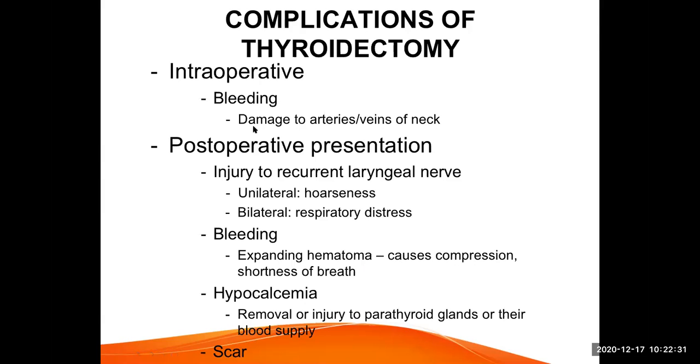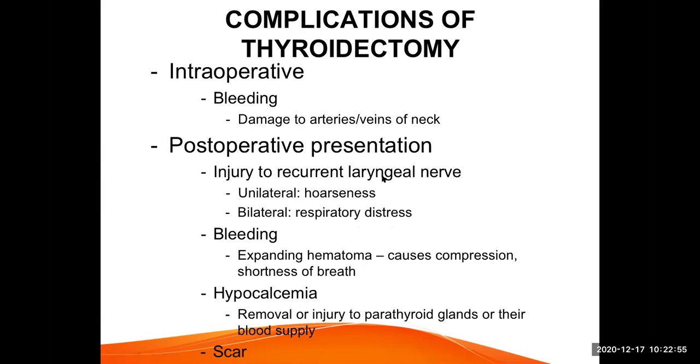And sometimes there may be damage to the arteries and veins of the neck, which are very nearby, and that is a fatal complication. After the surgery, we have to examine the hoarseness of the voice, or examine the larynx just to make sure whether the recurrent laryngeal nerve has been damaged during surgery or not.